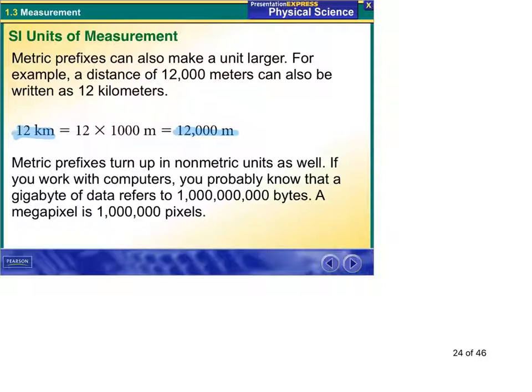So kilo means 1,000 meters, and 12 times 1,000 is 12,000 meters. Gigabyte, which I mentioned earlier in computer technology, means a billion bytes. A megapixel is 1,000,000 pixels.